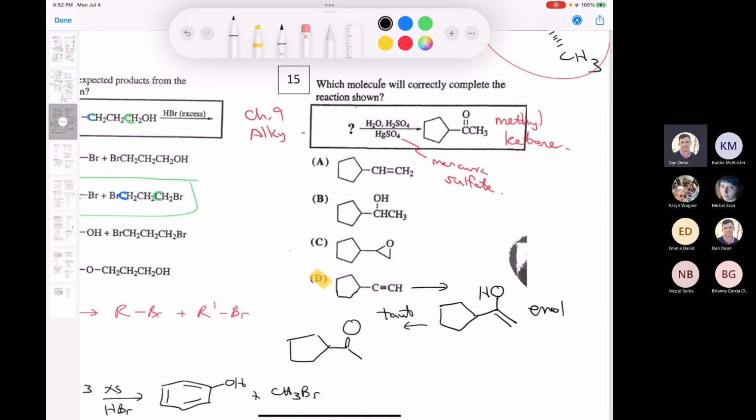So again, this is Markovnikov addition of H2O on a terminal alkyne.